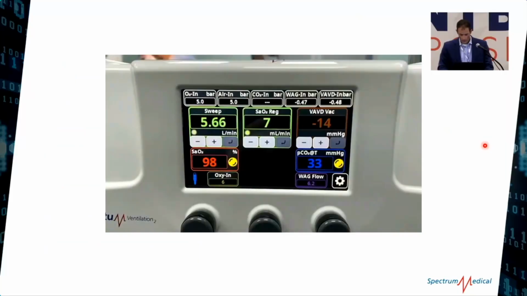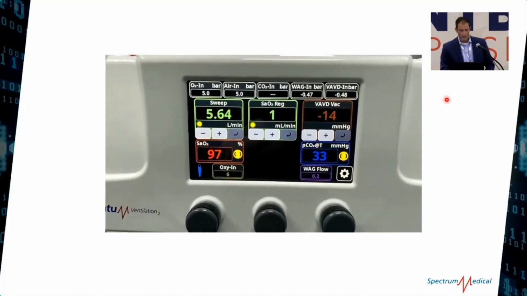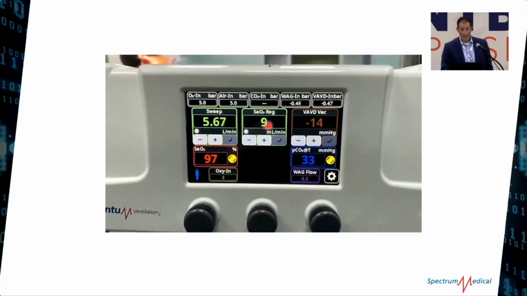This is a little video to show you. For context, you're going to see the sweep up here in the left-hand corner. This SaO2 reg is in mils a minute, and it's showing you the amount of gas going through the second chamber as it's regulating that saturation to keep it around that 97 to 98% mark. You can see there's little to no gas going through it.